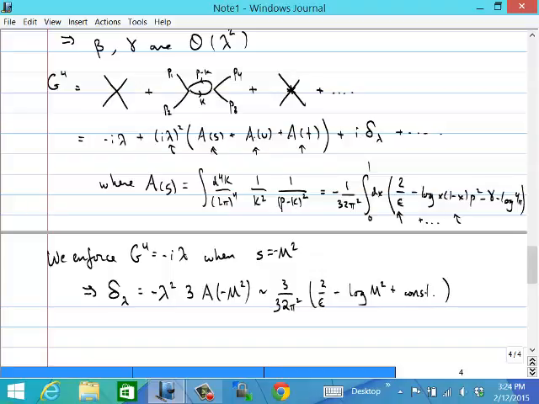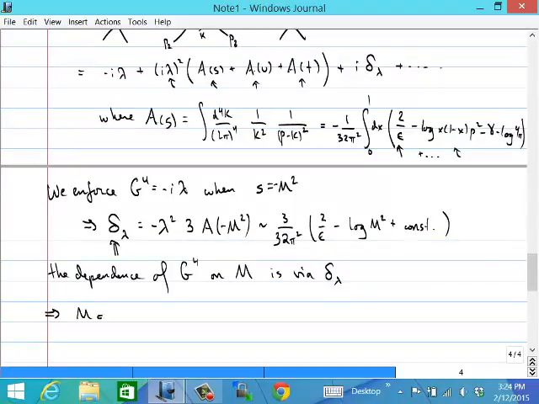So you can see that the entire dependence of G on the renormalization scale m enters through the counter term. So the only way that G depends on the renormalization scale is via the counter term delta lambda.